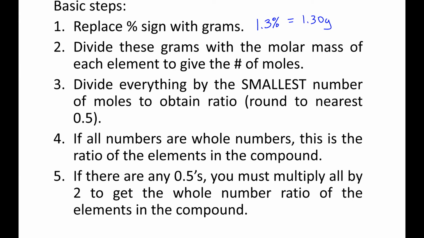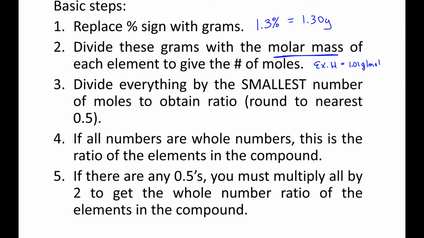Now, the next step is you're going to divide these grams by the molar mass. Remember, the molar mass comes from the periodic table. So it's the molar mass of each element. For example, hydrogen is 1.01 grams per mole. Use the periodic table to figure that out.